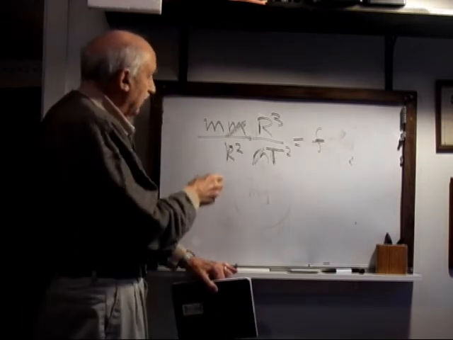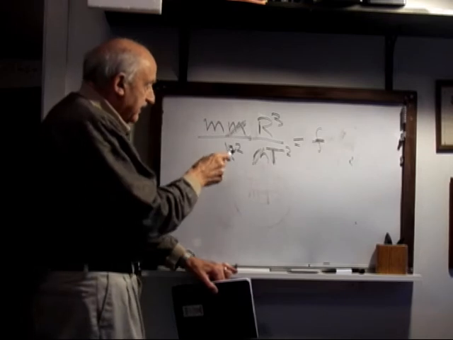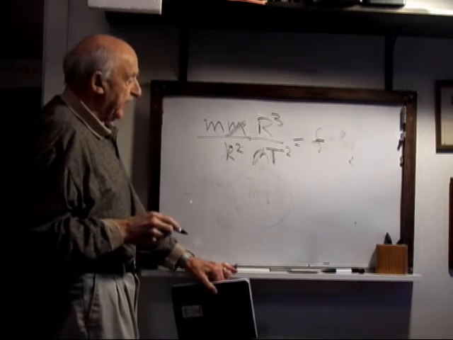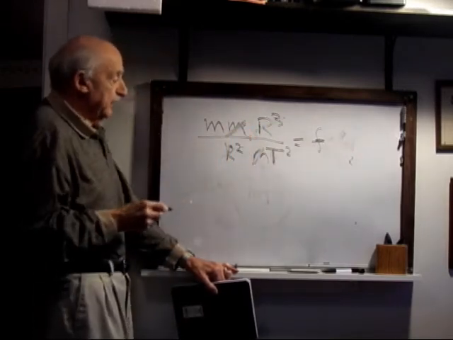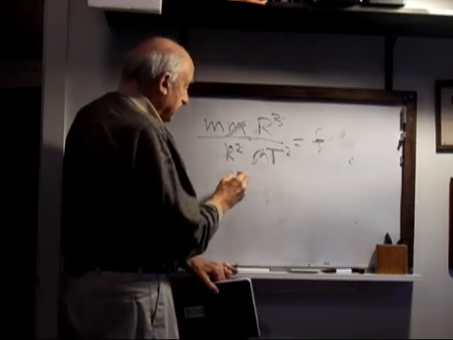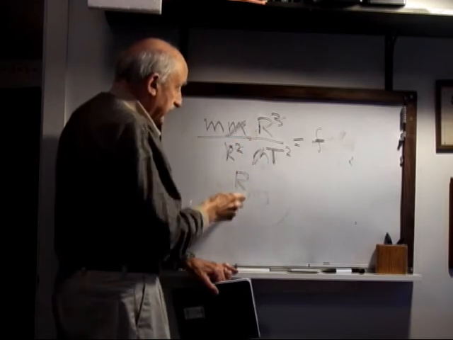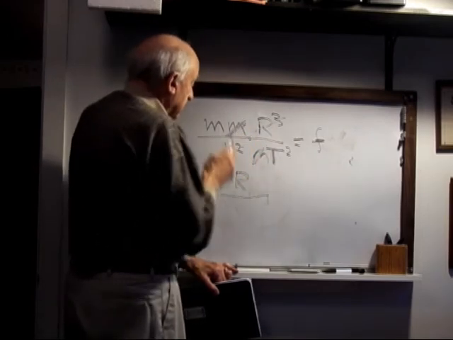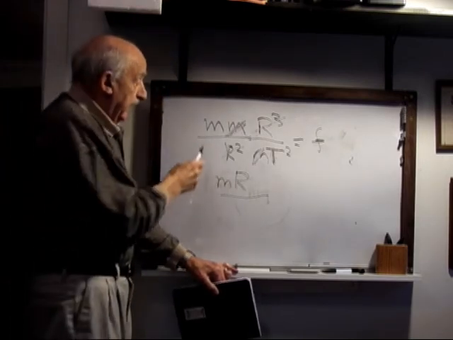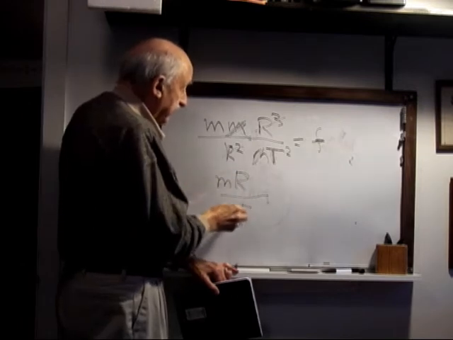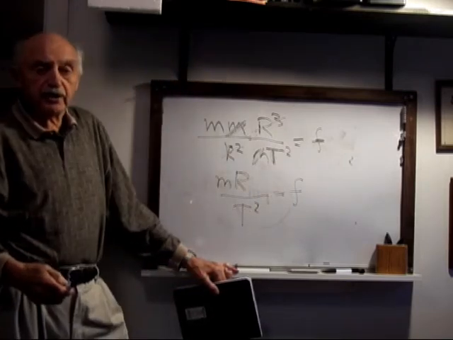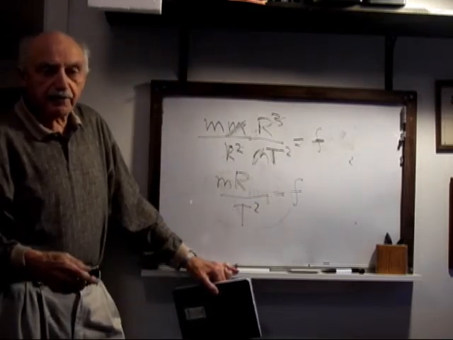But if you then also take this distance squared here, and here you have the distance cubed, you find that that comes down to a single r, 3 minus 2, so that we can keep the mass of the orbiting body, and put in here the period, and we can say that the force of gravity is equal to the distance divided by the period times the mass.